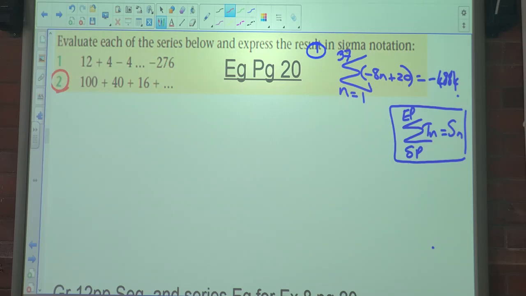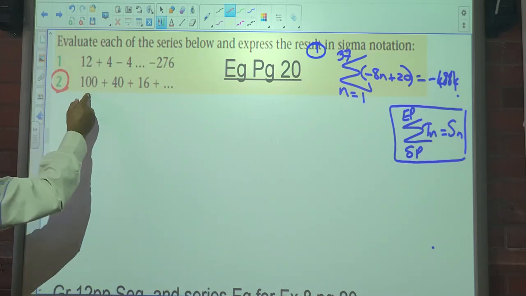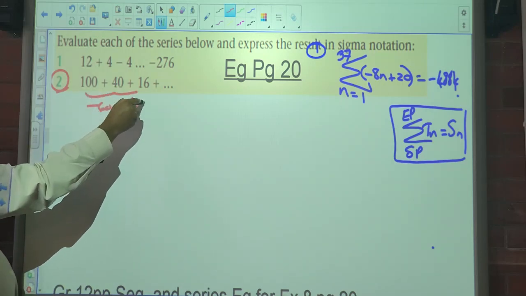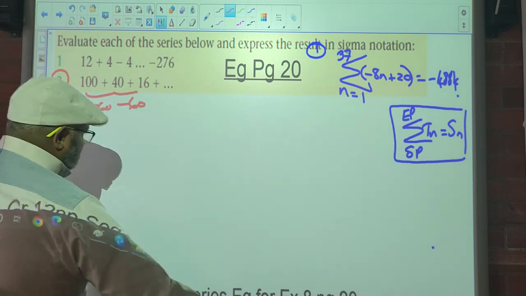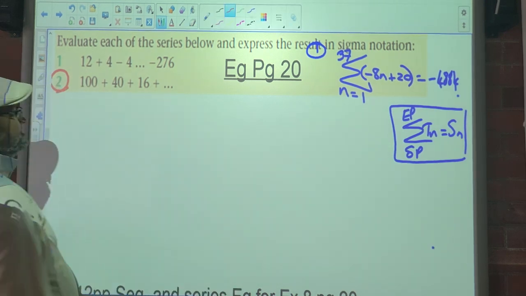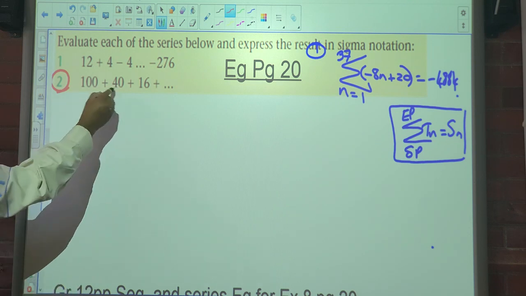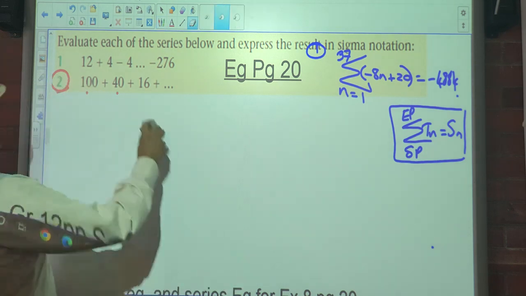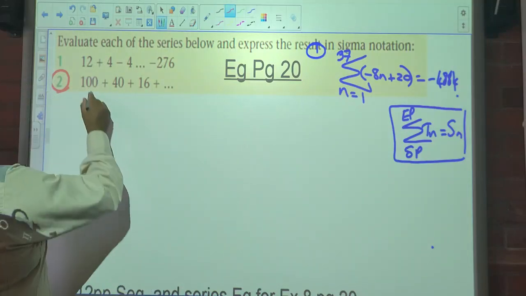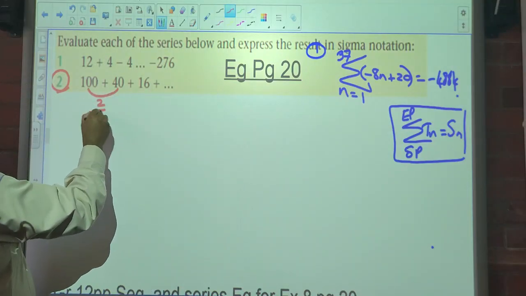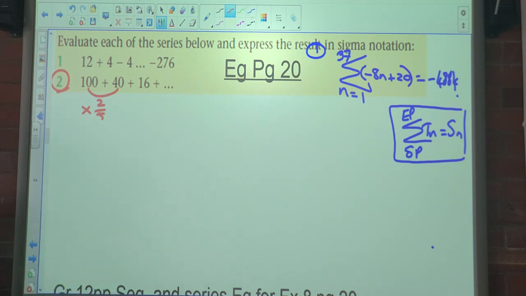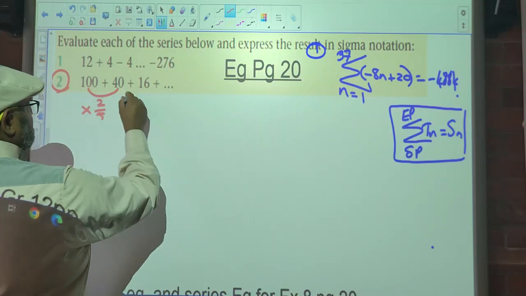Am I minusing 60 here? No, so I'm not minusing 60. You're multiplying. T2 over T1 is 40 over 100, which is 2 over 5. We're multiplying by 2 over 5. 40 times 2 over 5? 16. You sure? Yes.